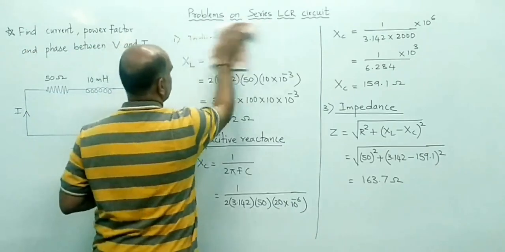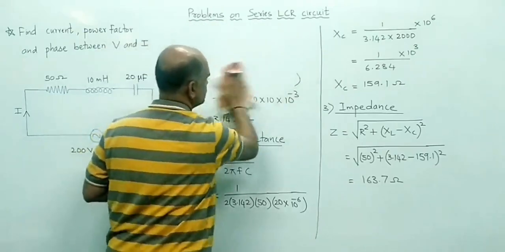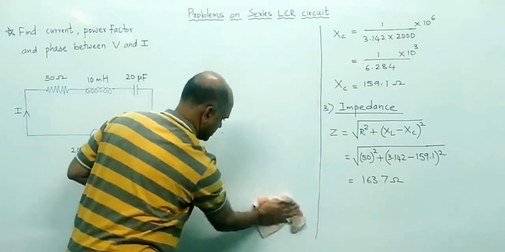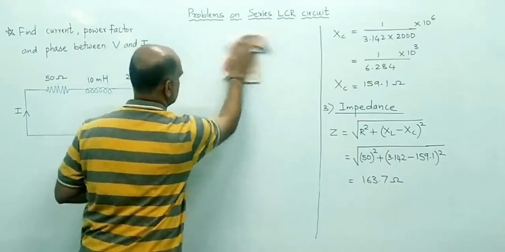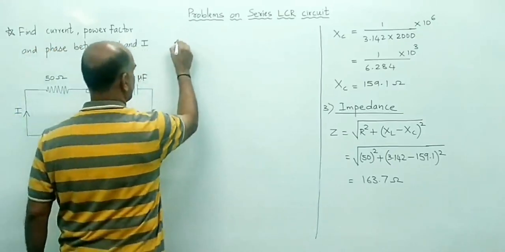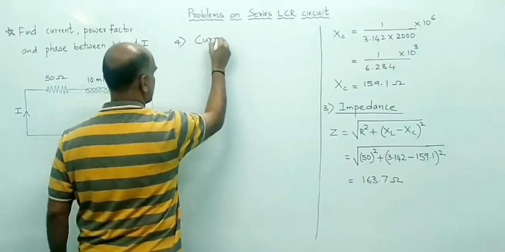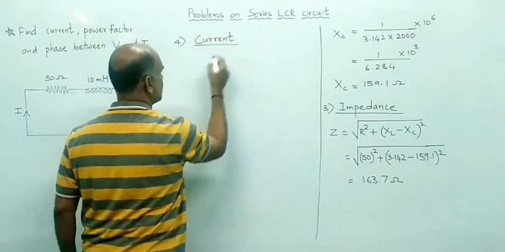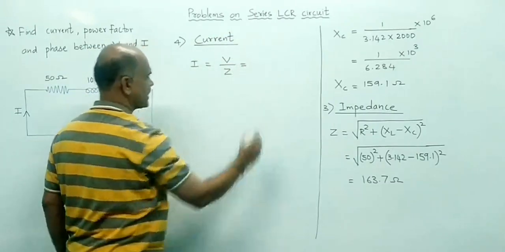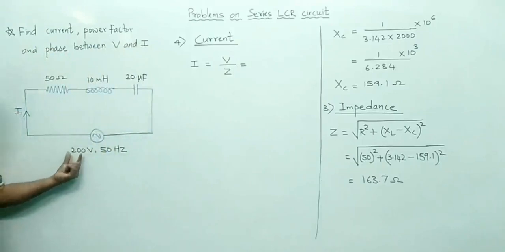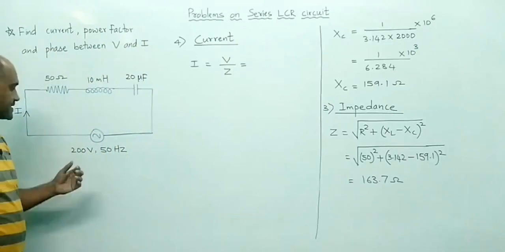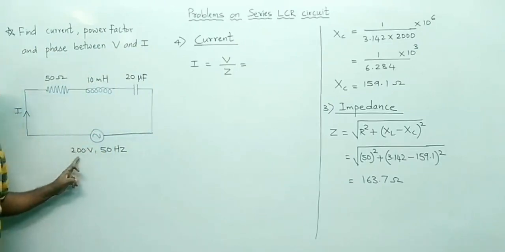So current is given by I is equal to V by Z, where V is 200 volt and this should be the RMS value, that is root mean square value.